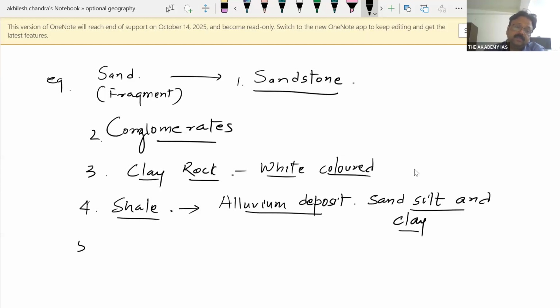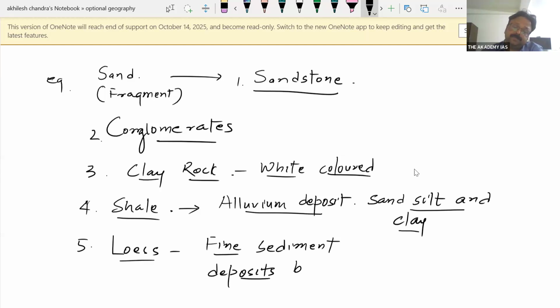And the fifth one is loess. Loess rocks are the fine sediment deposits brought by wind.